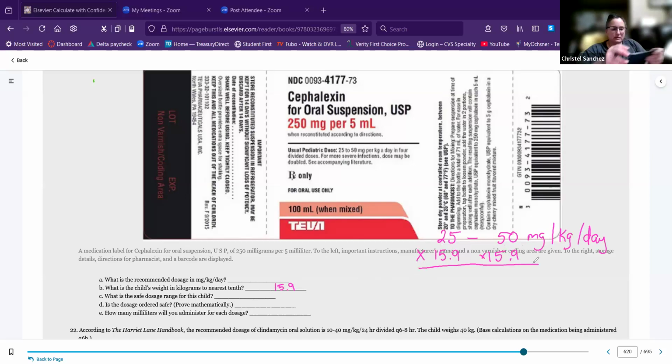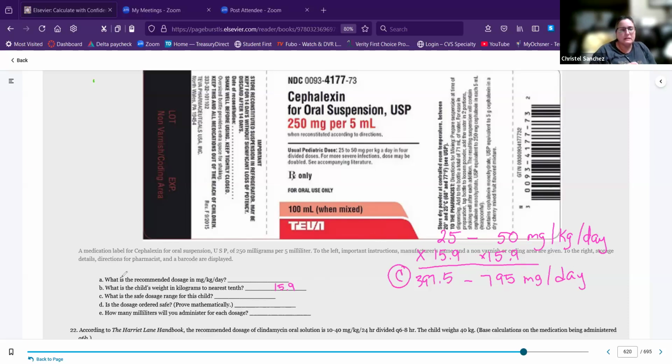Times 25, we get 397.5, to 795 milligrams per day. All right, is everybody good so far? Okay, so this would be the answer for C.